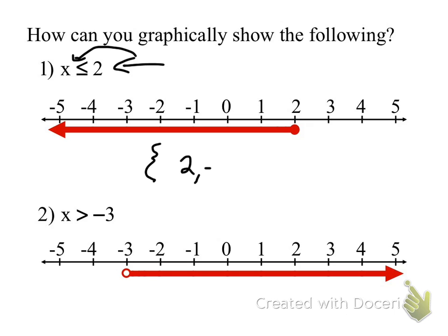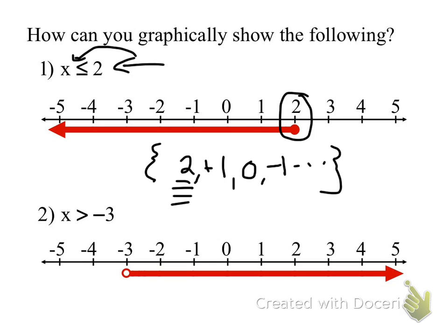I could put a 1 in there. I could put a 0. I could put a -1, and so on in that same direction. But it includes the number I start at. Is that supposed to be a positive one? Yeah.